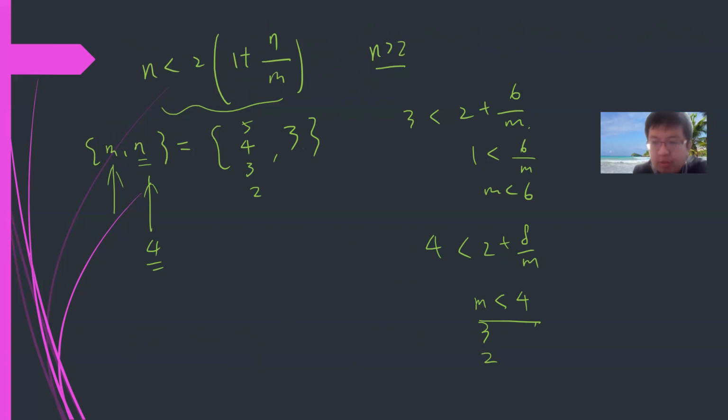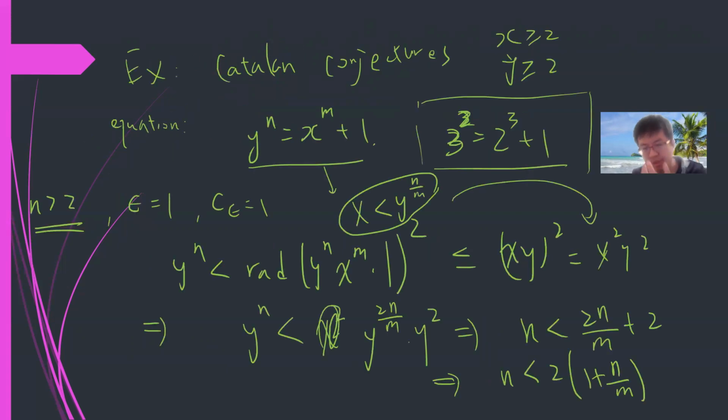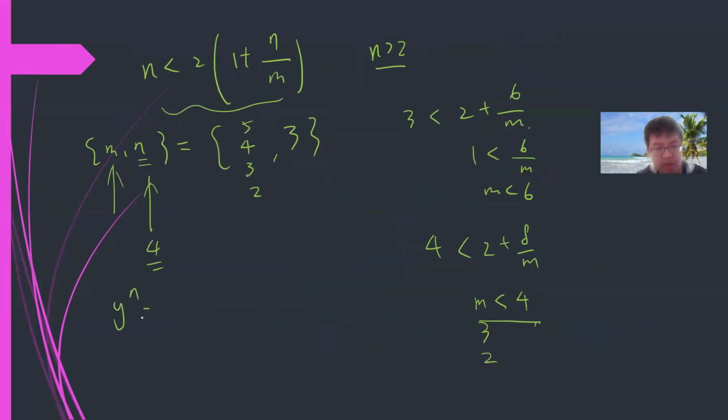So if you believe the ABC conjecture is true, then two different integer powers should have only finitely many possible m and n. And the famous conjecture that people believe is that this equation, for any k greater than 0, should only have finitely many solutions, but it is still unproved.